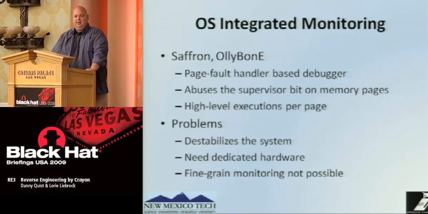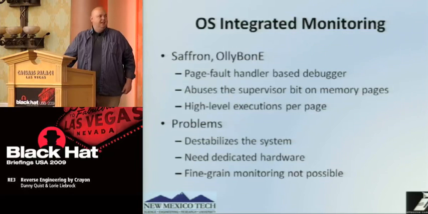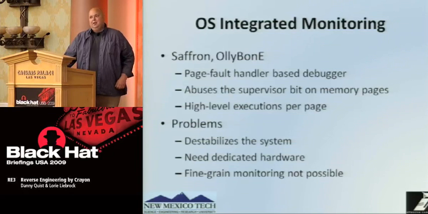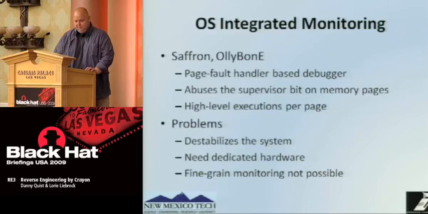So as long as you're happy with the 4K page boundary, that's okay. The problem, which I ran into with Saffron, is that it destabilizes the system. Once you put Saffron on, you set these page mappings and run it, you can basically run the program exactly once, and that causes some problem. So you need dedicated hardware for this, and without the fine-grained monitoring, it really prevents some of the more interesting things that we can do.